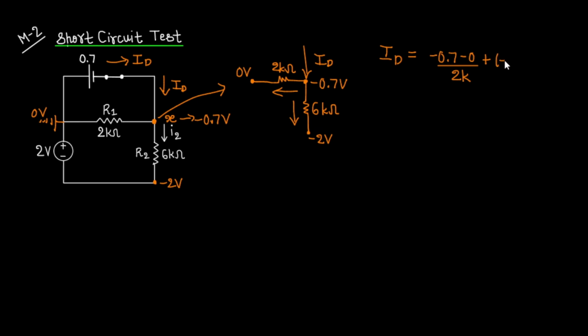So the downward current is minus 0.7 minus of minus 2 by 6K, which is ID equal to minus 0.7 by 2K, plus, minus into minus is plus, 2 minus 0.7 is 1.3. So this is 1.3 by 6K.